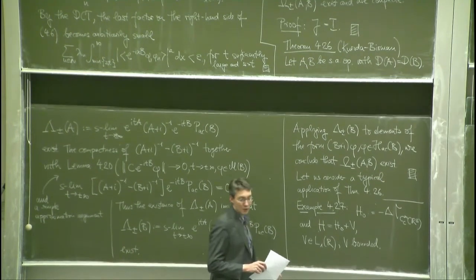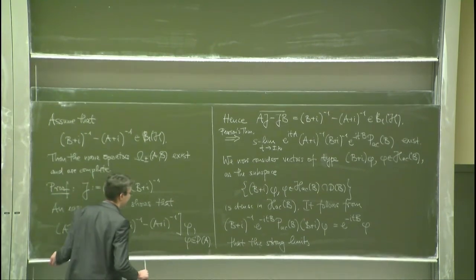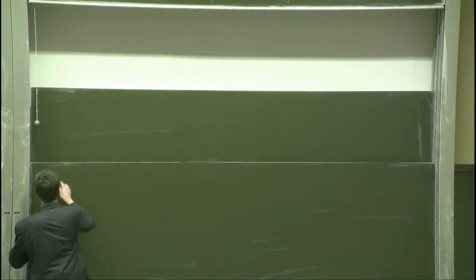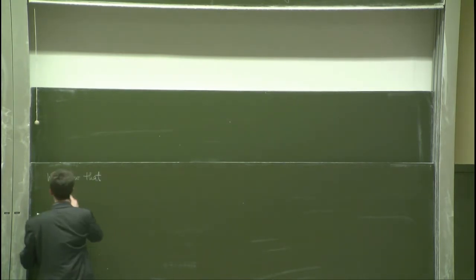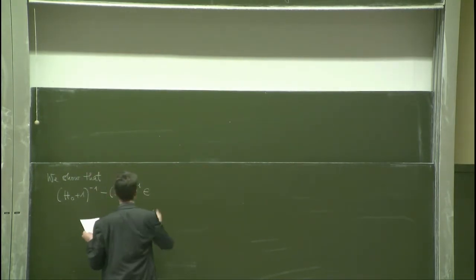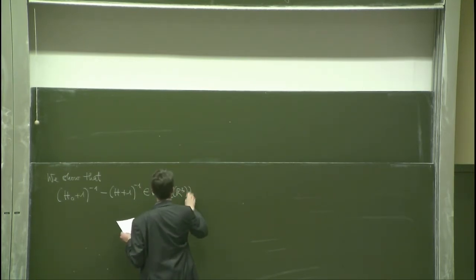My goal now is to prove that we show that (H0 plus 1)^(-1) minus the resolvent of H, that this operator is trace class with respect to the Hilbert space L2 of R3.